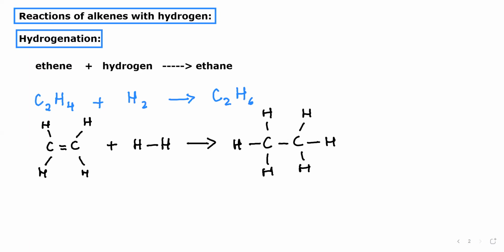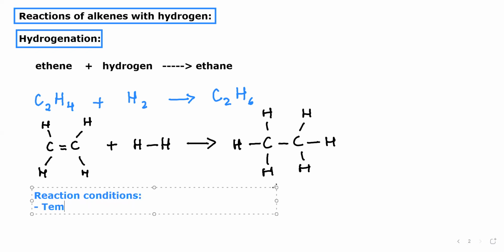Other than that, there are reaction conditions we need to remember for this. A certain temperature is required, about 60 degrees Celsius. So we put the heading reaction conditions for hydrogenation.